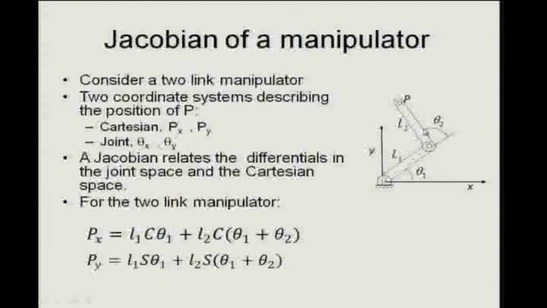Even though this is intuitively obvious, the tendency is to measure theta 2 from the horizontal. If you do that, life becomes very messy. So we measure theta 2 from the line joining the first axis and second axis, the so-called common normal in the plane. So please make a point of it.